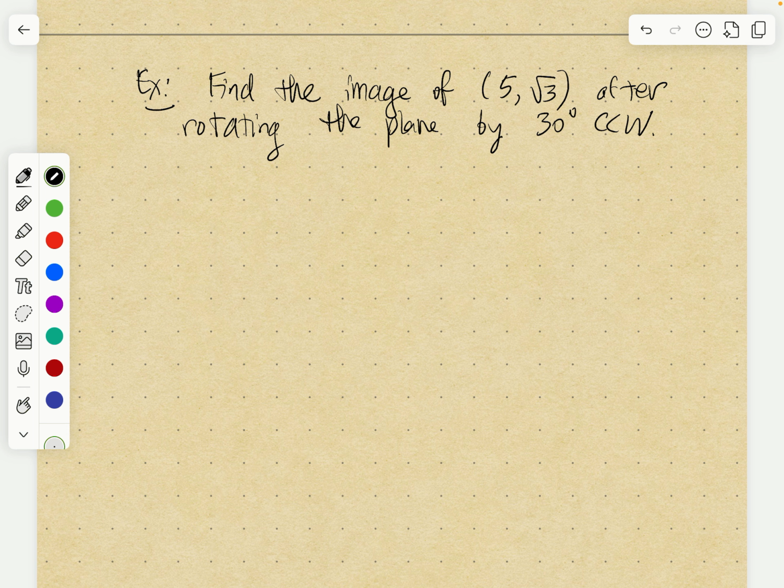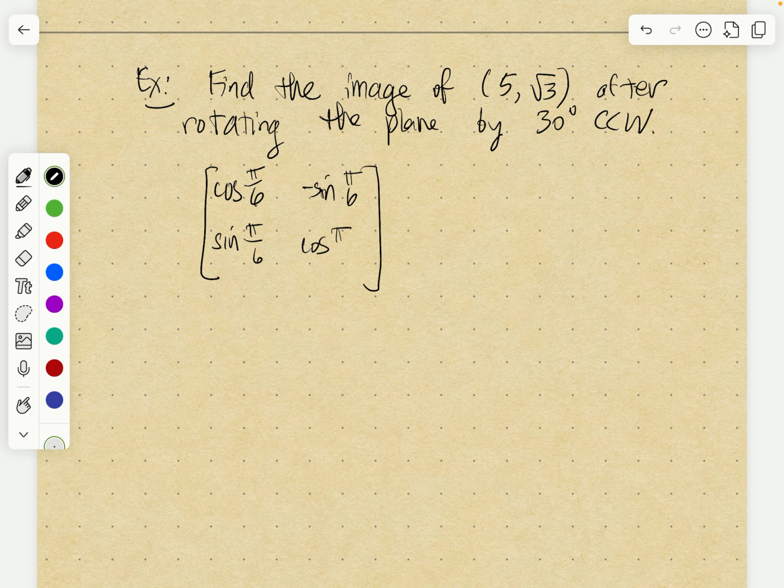Okay, let's see what the answer is. So what you have to do is you have to take the rotation matrix that rotates by 30 degrees counterclockwise. So that's going to be cosine of pi over 6, sine of pi over 6, negative sine of pi over 6, and cosine of pi over 6. And then multiply that by the vector 5 root 3.